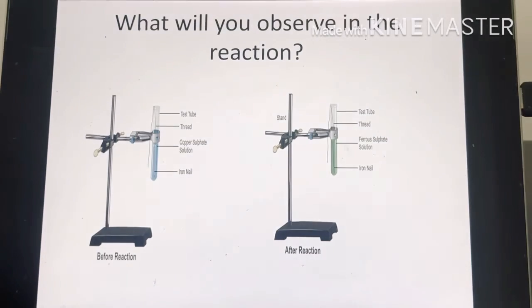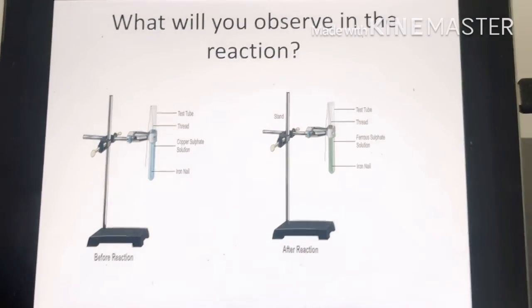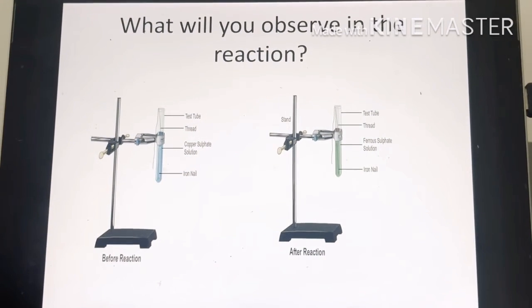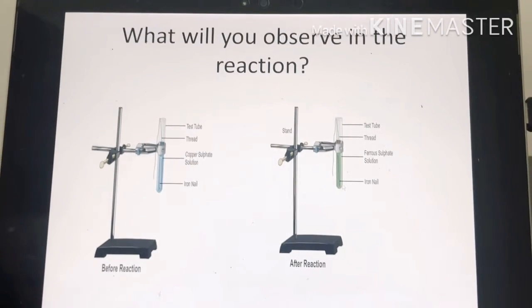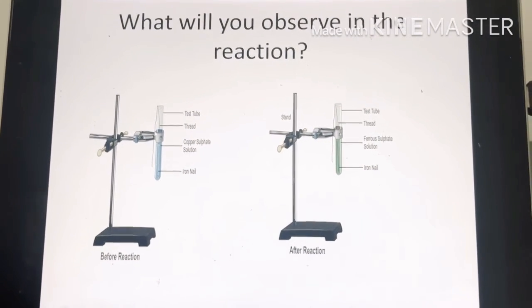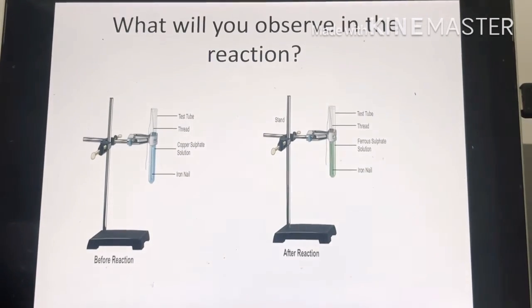Now the solution has turned into a green color. So the color change which you are going to observe is from blue to green. That shows the reaction has taken place and iron has displaced copper from its compound.